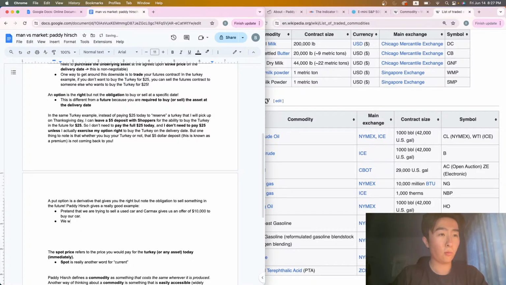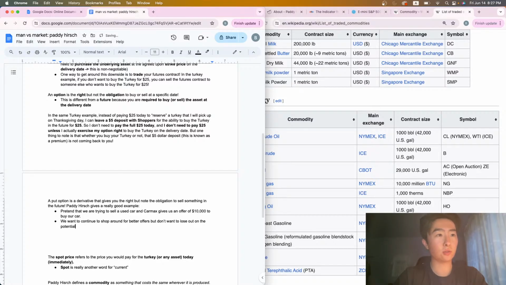We want to continue to shop around for better offers, but don't want to lose out on the potential $10,000.